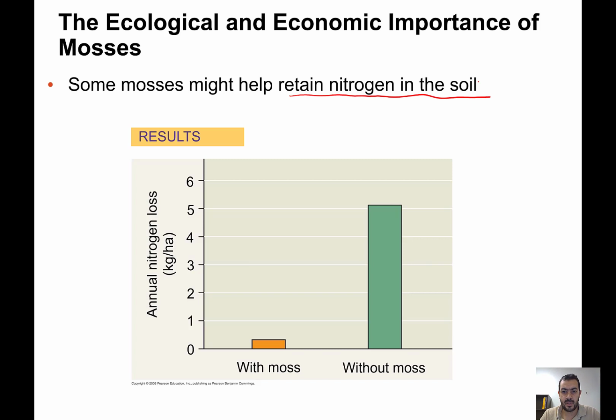As depicted in this figure, this is the result of one of these studies. If we have mosses, about 95% of the nitrogen is going to be retained in the soil, and because of that, the loss of nitrogen is going to be minor compared to the loss that you will get without mosses. So mosses are important in retaining nitrogen in the soil.